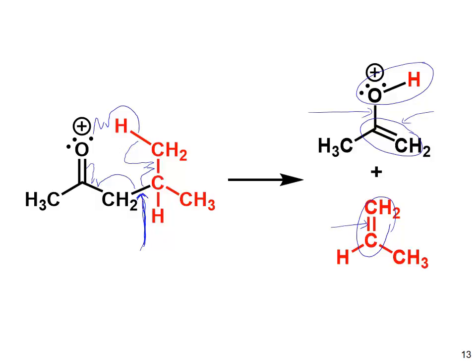Right now, we've taken one electron of the CO double bond, the pi bond. So there's one left. That electron that's left from the CO double bond, we're just going to put right onto the oxygen. And that completes our mechanism here.